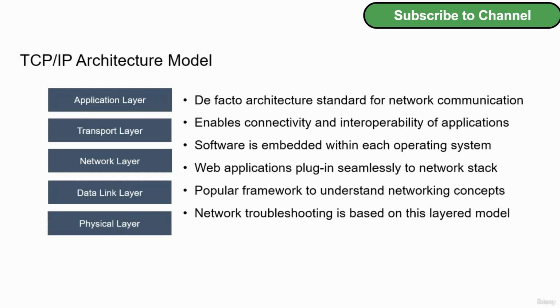You've got the code layer that developers work at, and you can plug into the application layer via APIs and, of course, with the operating system calls. It's a popular framework to understand networking concepts, so you can really understand networking by starting with this model.